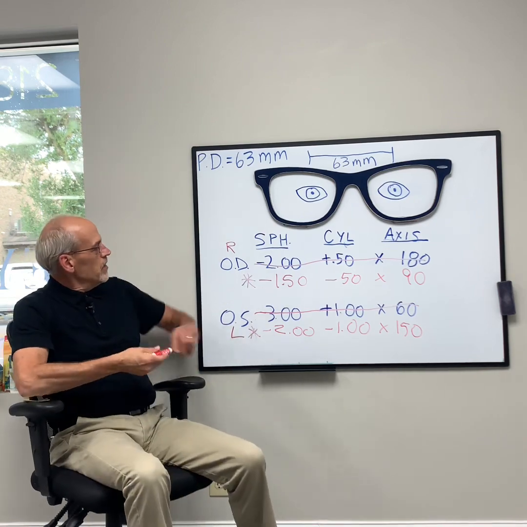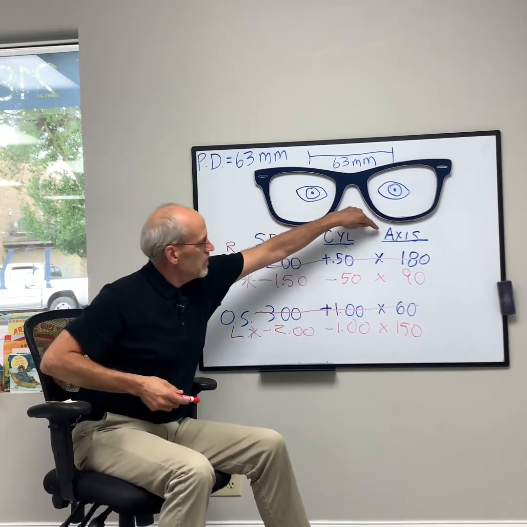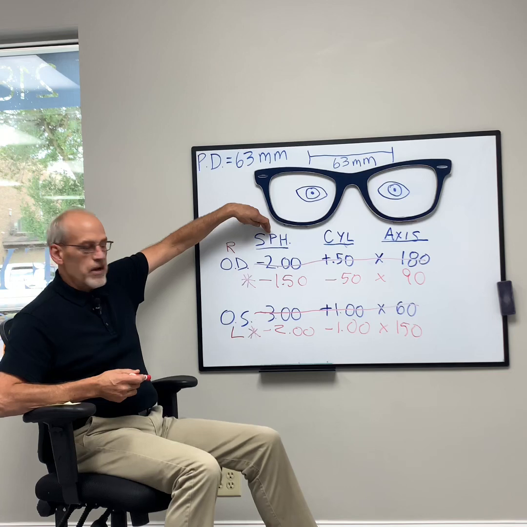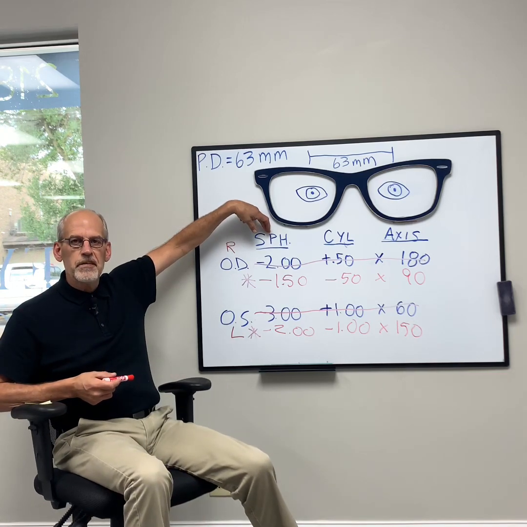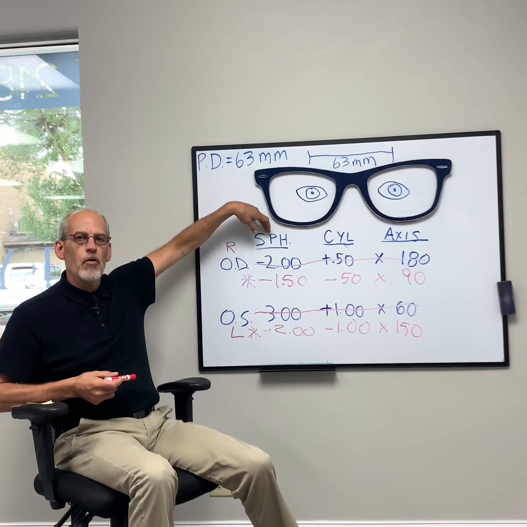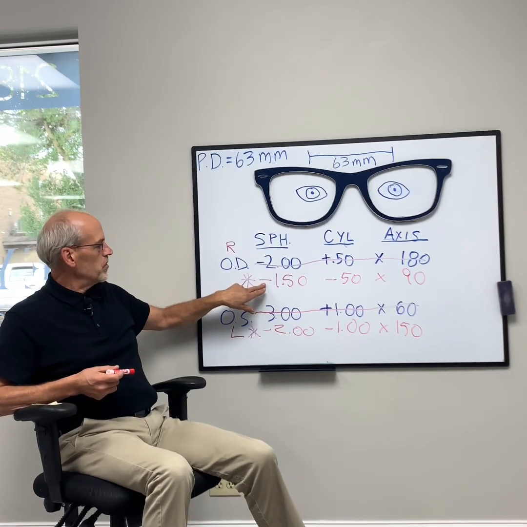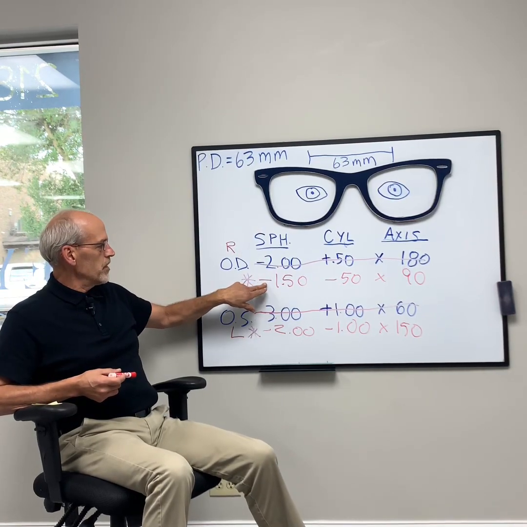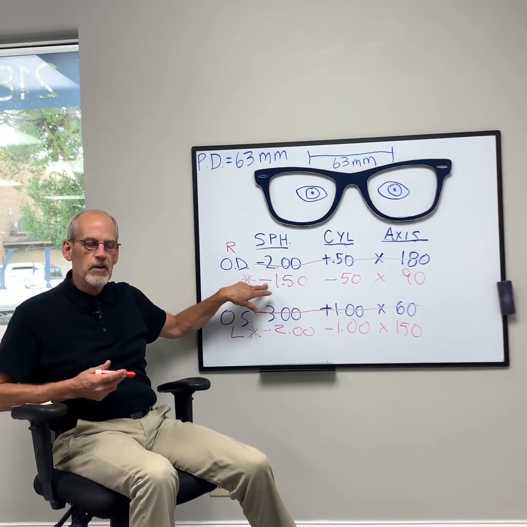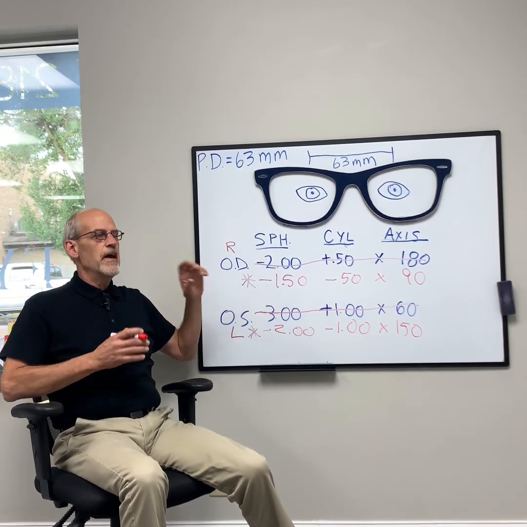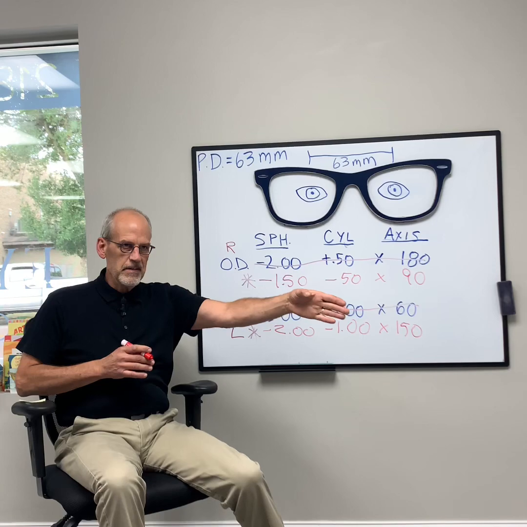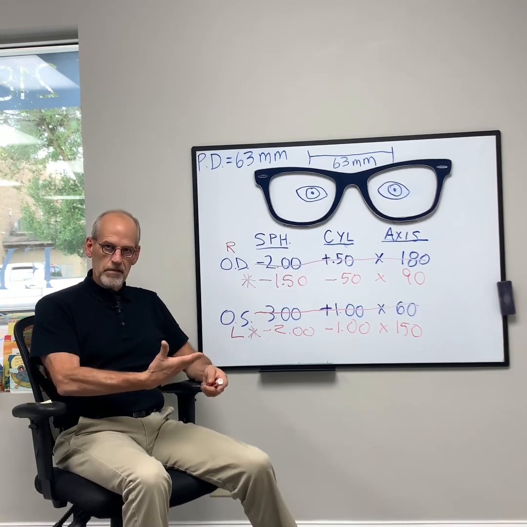So we have sphere, cylinder, and axis. The sphere of your prescription tells us if you're nearsighted or if you're farsighted. A nearsighted person usually has a minus in front of here. A nearsighted person can't see distance but can see up close.